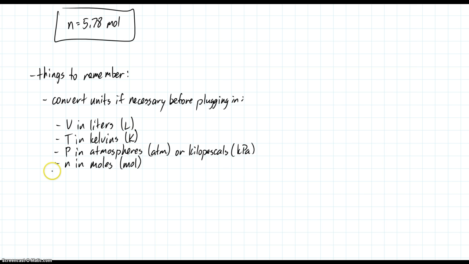And then the final thing we need to think about is which version of the ideal gas constant R to use. And again, we're going to choose that based on the unit of pressure that we're dealing with.